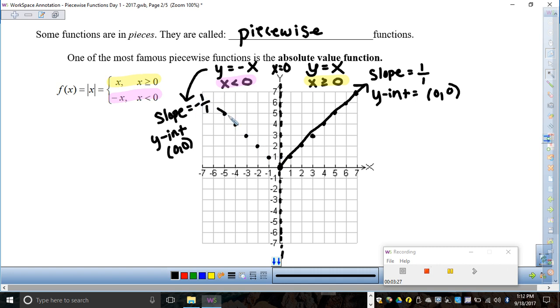That's our negative slope. And again, we're just going to connect it up until this boundary line. If we were just graphing y equals negative x, we could graph it all the way down, but we're going to stop right there. And so we see it's actually the combination of these two separate lines that when they come together make our nice absolute value V shape.